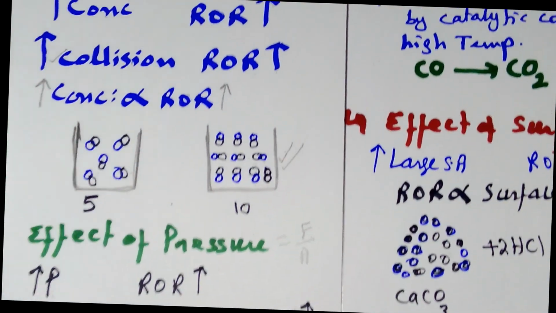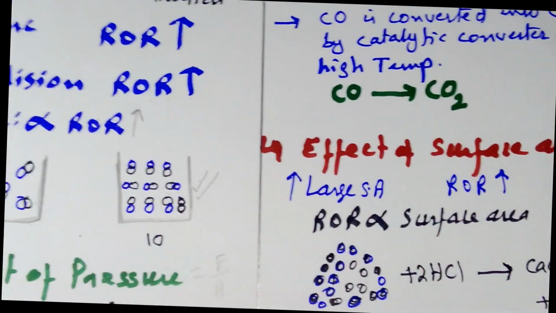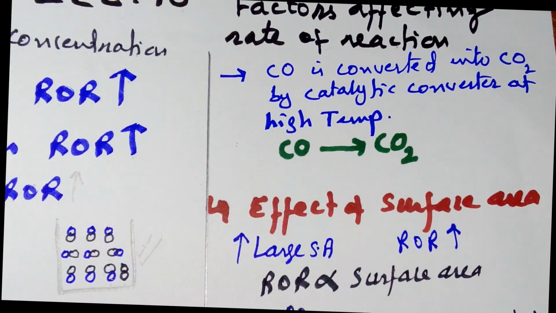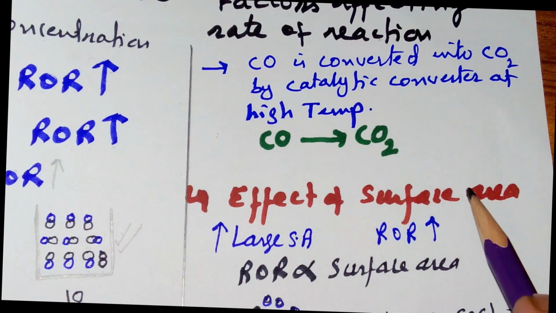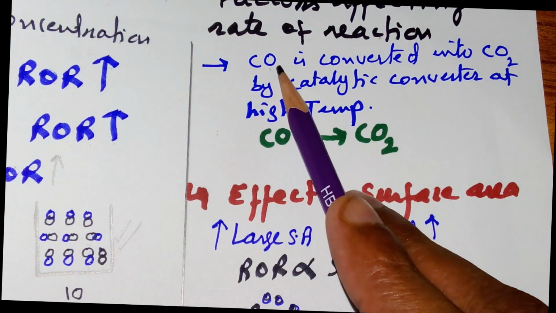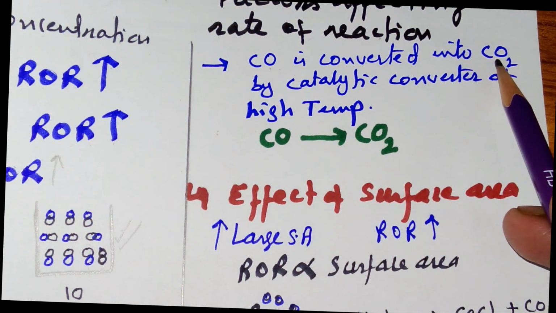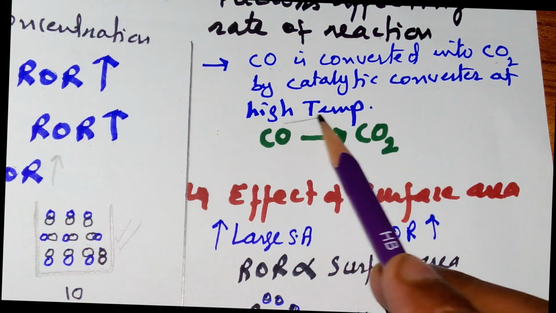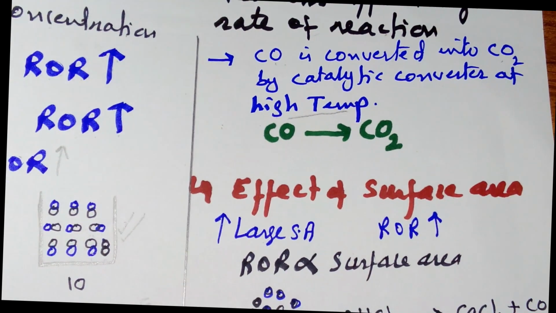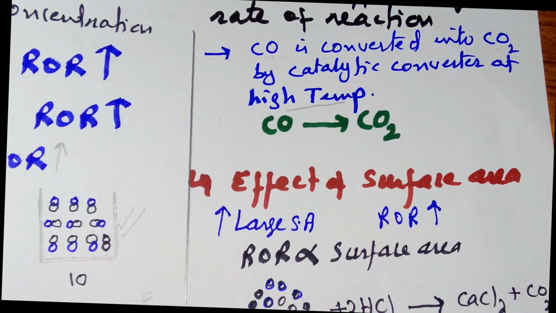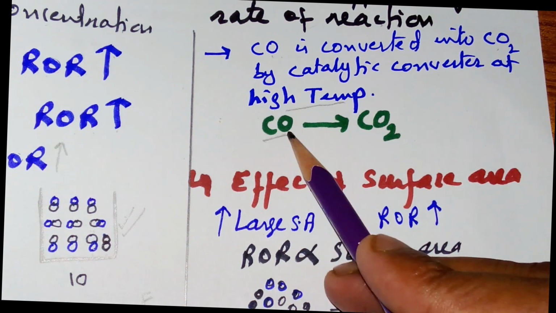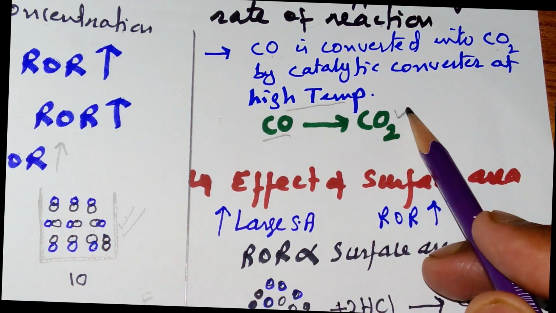Another factor is the effect of surface area. Another point is related to temperature. For example, CO, carbon monoxide, is converted into CO2, carbon dioxide, by a catalytic converter at high temperature. Today automobile engines have a catalytic converter, which functions to convert CO gas to CO2 gas.